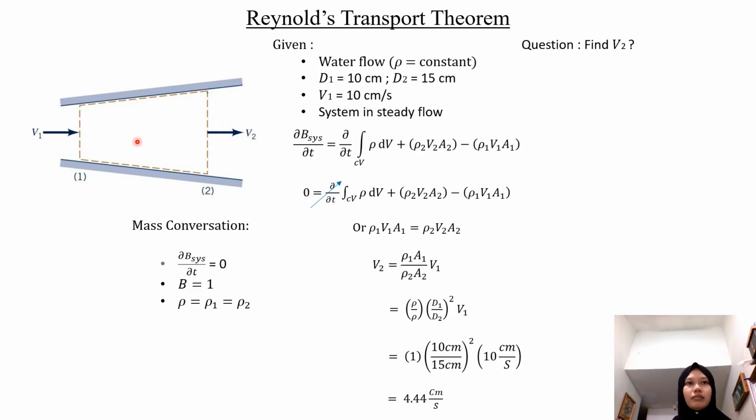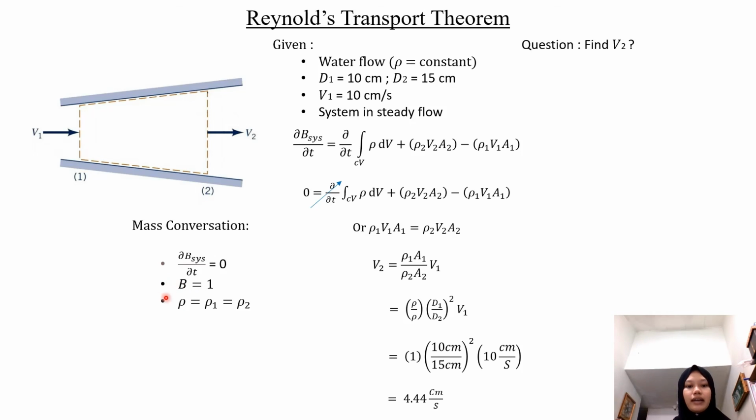From this diagram, the yellow one is called the system. We consider a certain amount of fluid in this system. The outer blue one is called the control volume. It is a fixed place. Here, at some time, both the system and the control volume take up the same space.